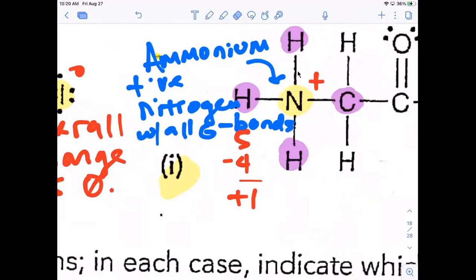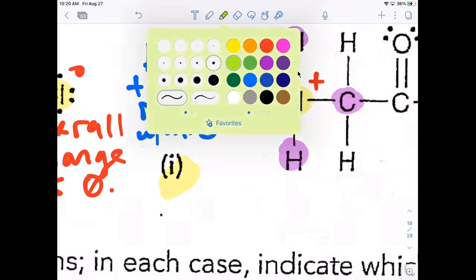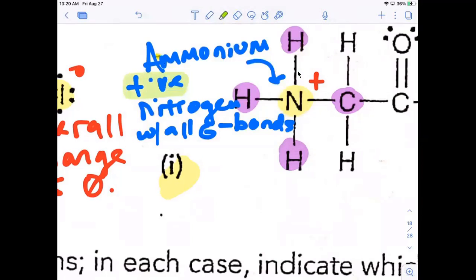So it's a positive. That's what this little shorthand is: a plus and an apostrophe and VE is a shorthand for positive. So it's a positive nitrogen with all sigma bonds to it. We'll call that an ammonium.